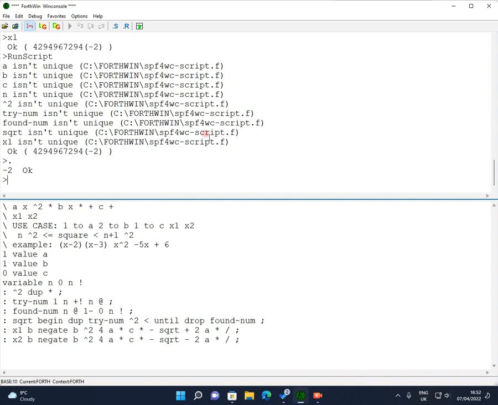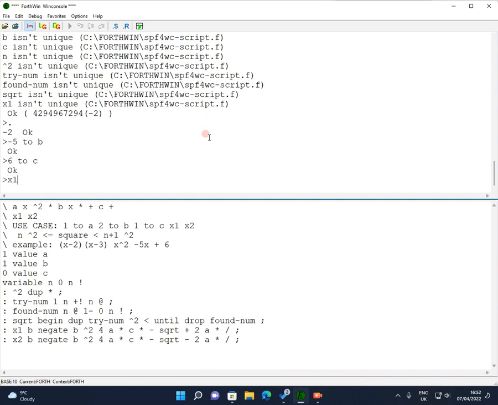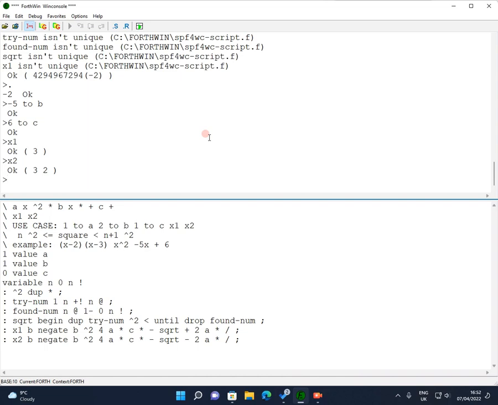Yeah, b was minus 5 to b and 6 to c, and let's do it again. x1 is 3 and x2 is 2. Okay, so I think what I did incorrectly last time is I probably set b to 5. So yeah, we've got 2 solutions then for the quadratic, and you can try this with other values too.